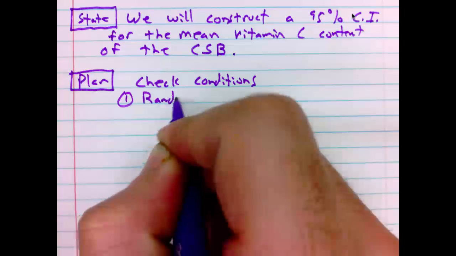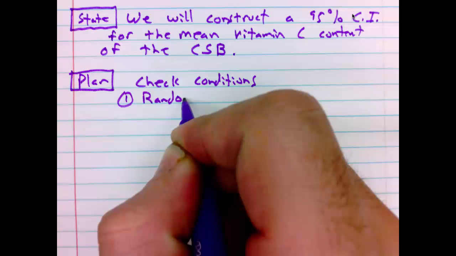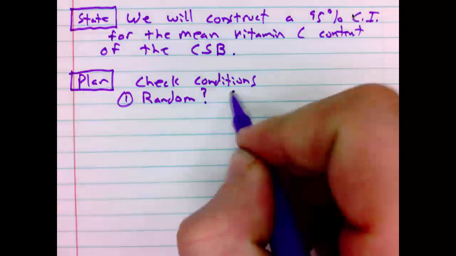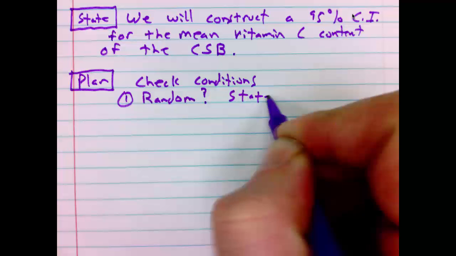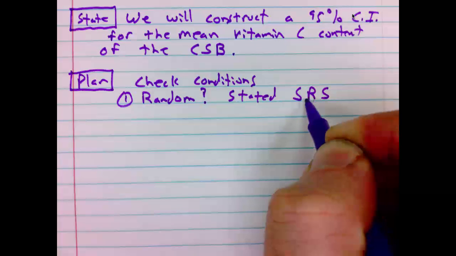We must employ random chance with either the selection of our sample or if we're conducting an experiment with assignment to groups. Well, this says very clearly that for a random sample of size 8. So I will simply say that stated SRS.